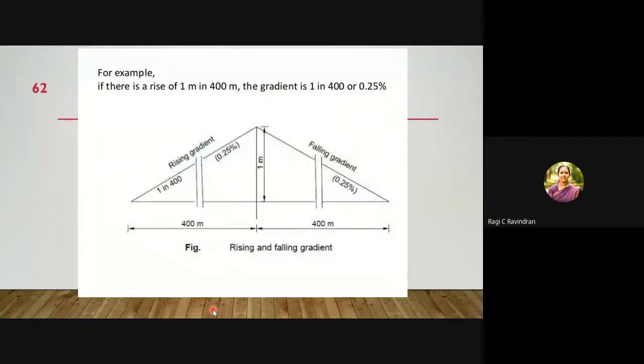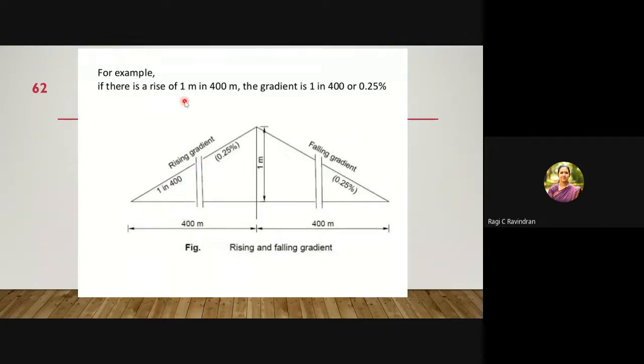This is an example in which you can see both rising gradient and falling gradient, and both ways of representing the gradients, 1 in x or x percentage. Here 1 in 400. When you represent the gradient by 1 in x or x percentage, the value of x is not the same.